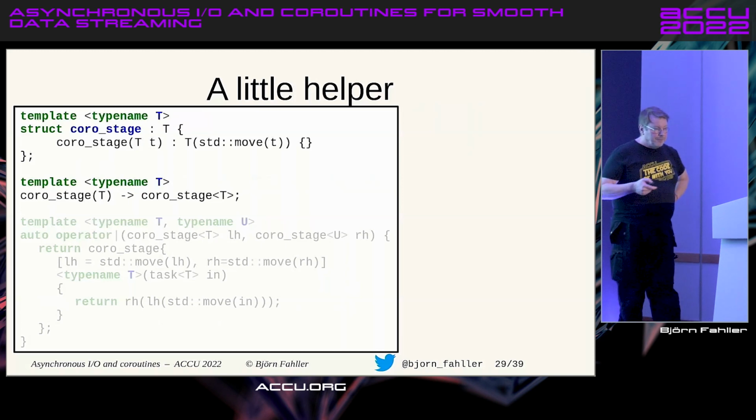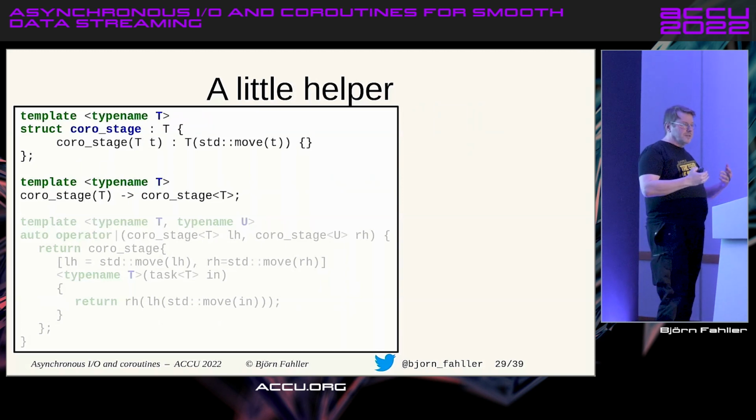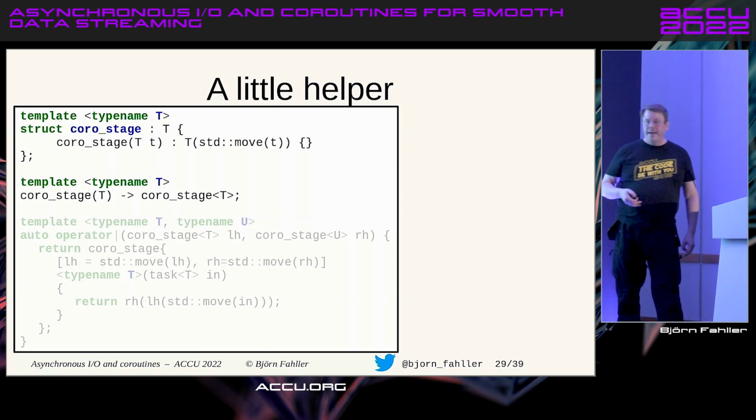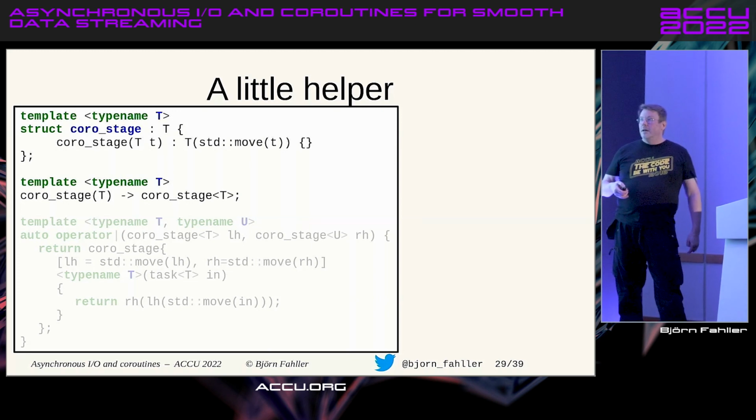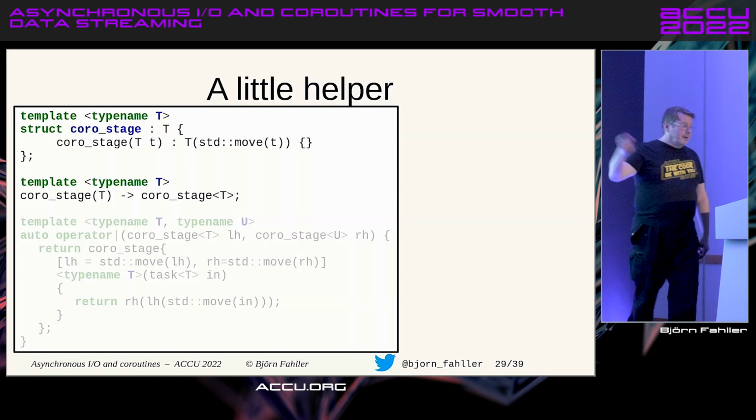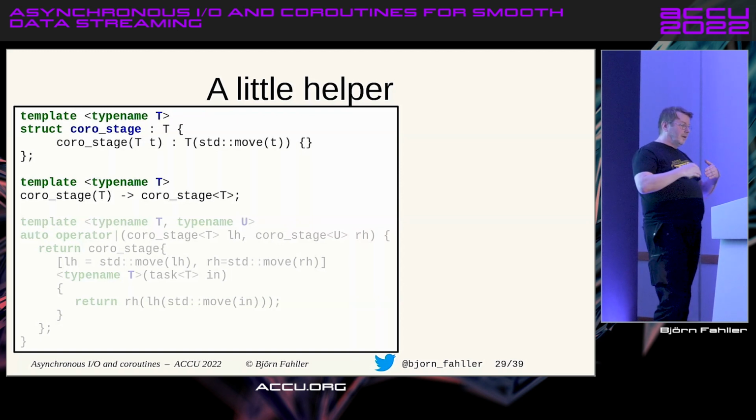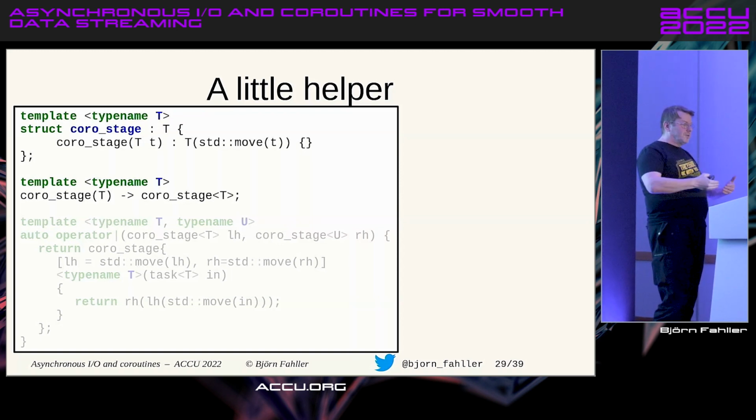So I added a little helper. Coro stage is just a struct that inherits from whatever it's instantiated with. And we have a deduction guide to make sure that if I'm constructing a Coro stage from an object of some type, then it is a Coro stage of that type that we instantiate.